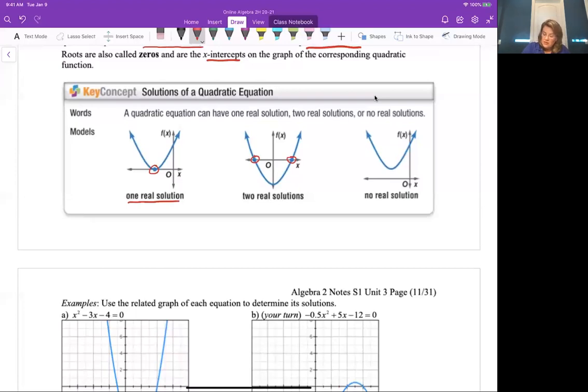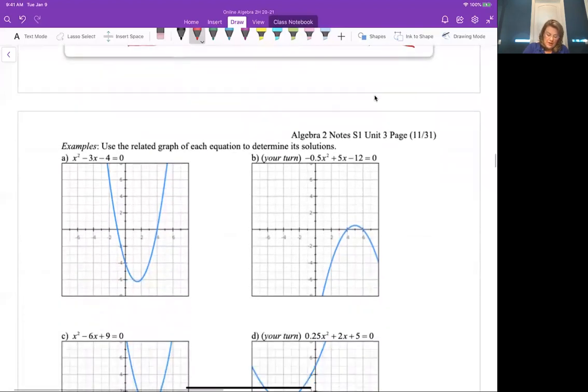But I could also shift this quadratic function upwards, right? Or maybe even downwards into the third or fourth quadrant, and it doesn't have to intersect the x-axis. In that situation, I have no solutions. There are no values of x such that the output of the quadratic equation is equal to 0, okay?